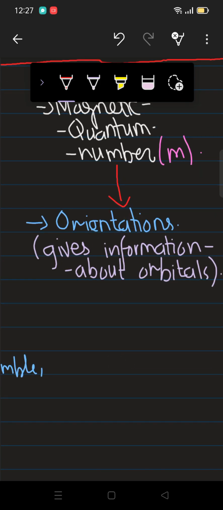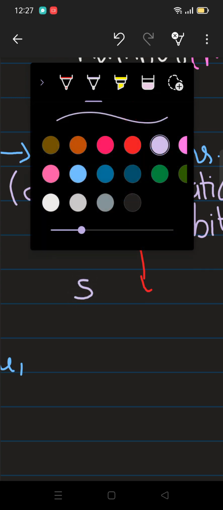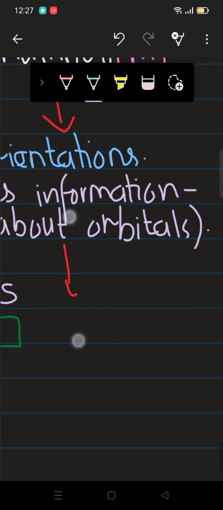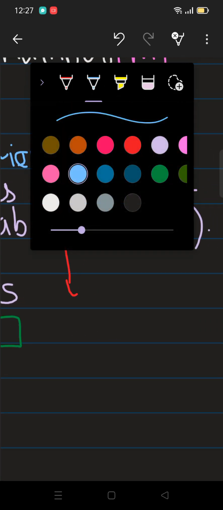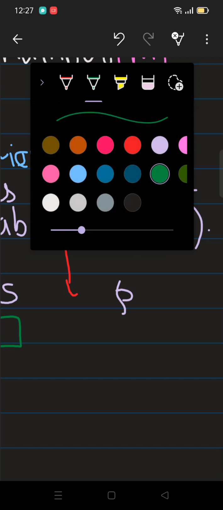Orbitals, right? It means in S we have only one orbital. In S, this is the S1, here we have only one orbital. In P we have three orbitals.